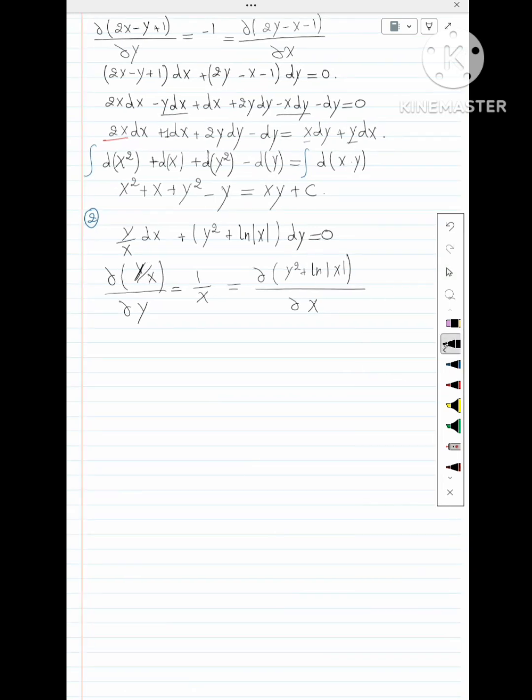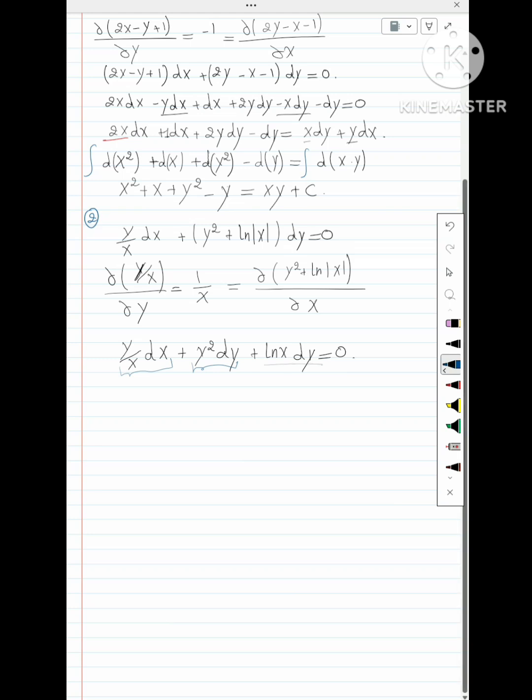As I told you, we have y over x dx plus y squared dy plus ln x dy is equal to 0. As I told you before, here we have a term multiplied by x and y, and here there are only y's, and here x and y.